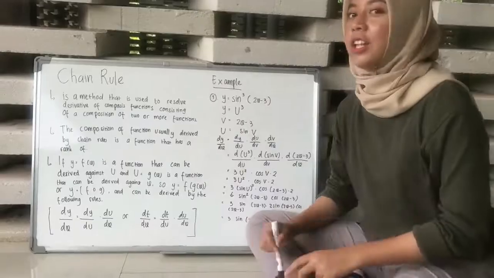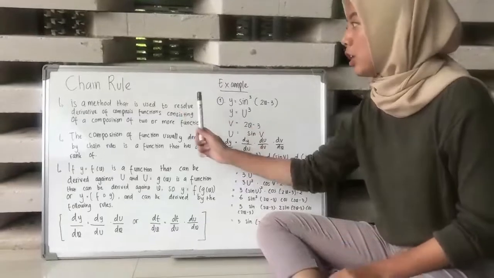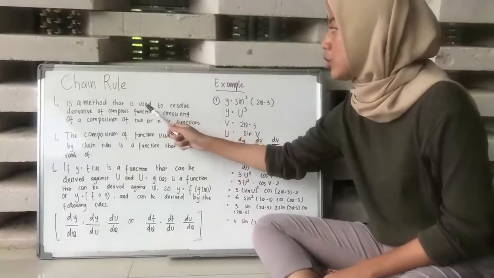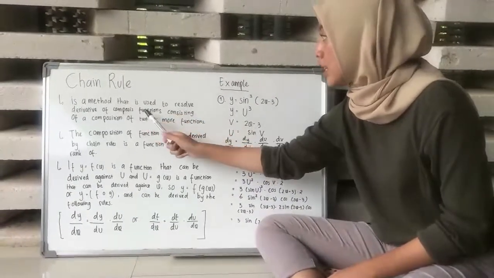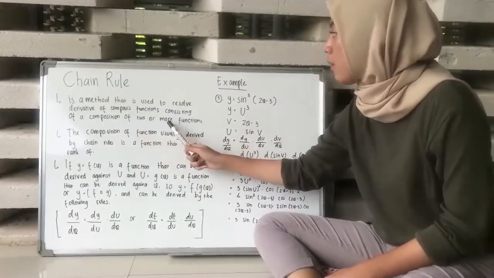Thank you. Good afternoon, my name is Akar, and now I'm going to explain about the chain rule. The chain rule is a method used to resolve the derivative of a function consisting of a composition of two or more functions.